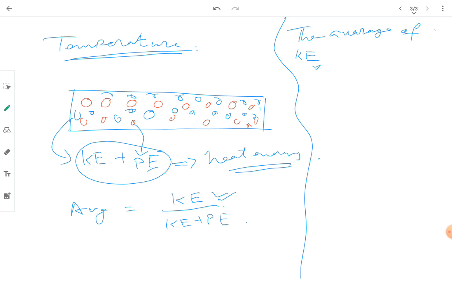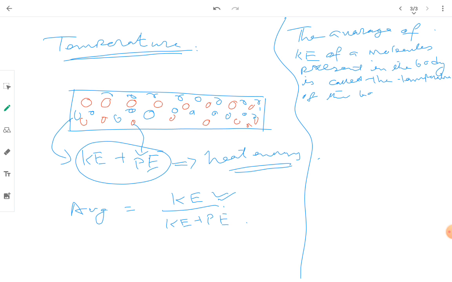The average of kinetic energy of the molecules present in the body is called the temperature of the body.